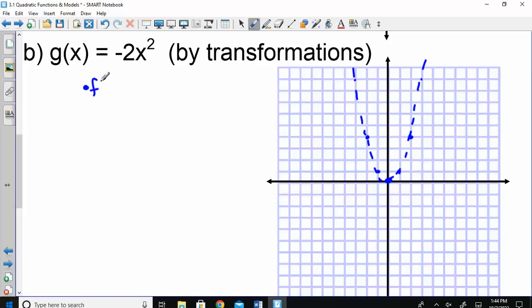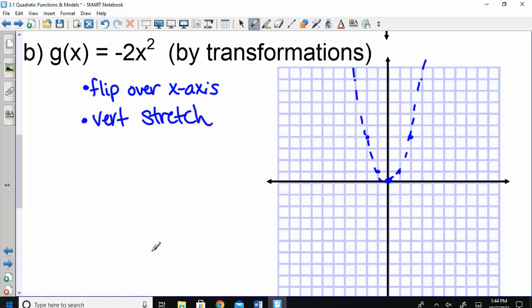What does the negative do? And what does the 2 do? So we talked about these. Some people could just reason through them.